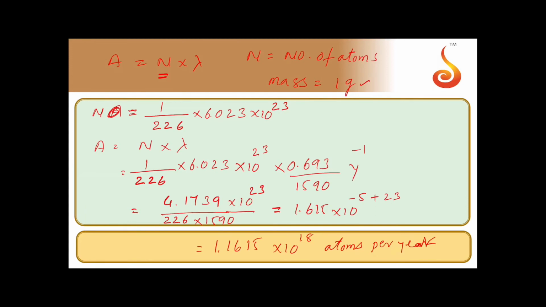Now we require the number of atoms of helium produced at the end of the year. So each atom of radium gives four helium atoms.